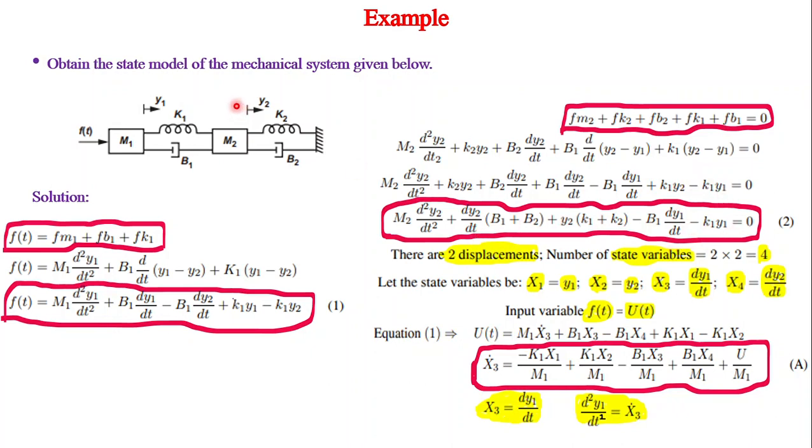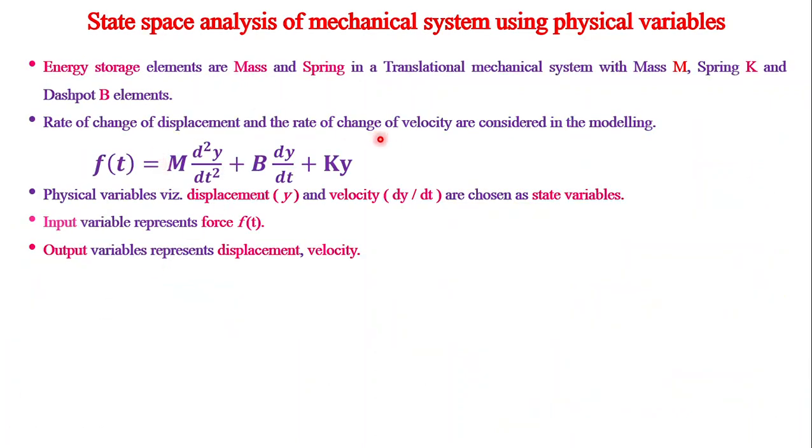So totally there are two displacements and two velocities, and we know that there are four state variables. I have already explained why there are four state variables. Now how to choose the state variables? We know very well. If it is a single equation with only three elements, then y is one state variable, dy by dt is another state variable, so this is x1, this is x2.